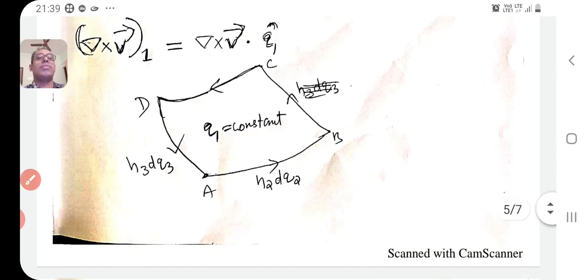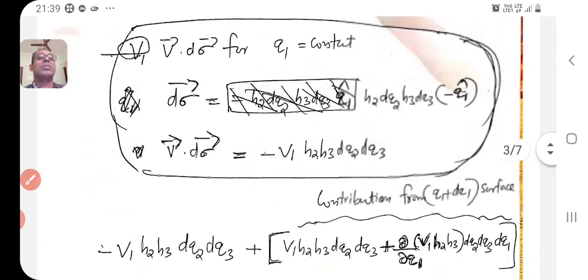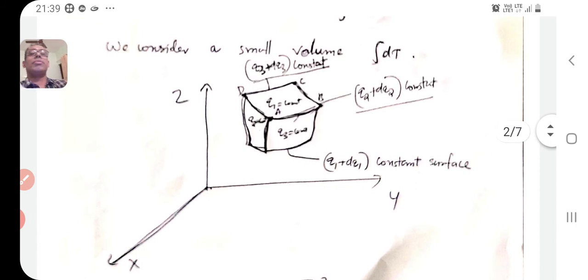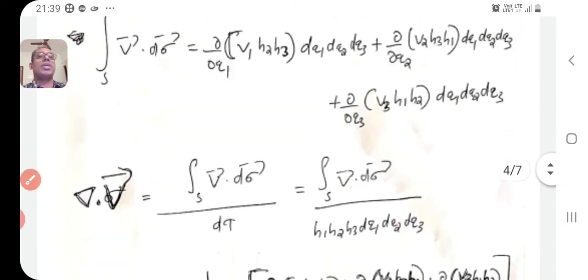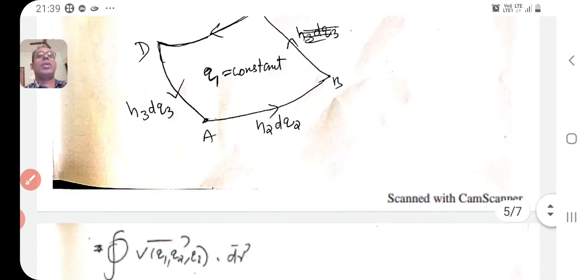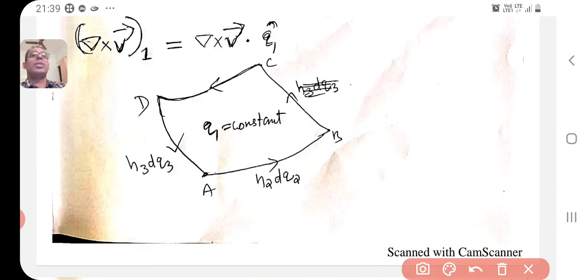So we are taking this top surface. This is A, this is B, this is C, this is D. This surface we are considering, where Q1 is a constant, and these sides are h2 dQ2 and h3 dQ3, AB and AD.